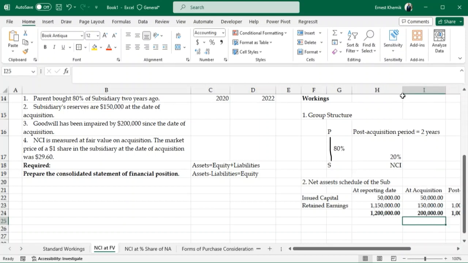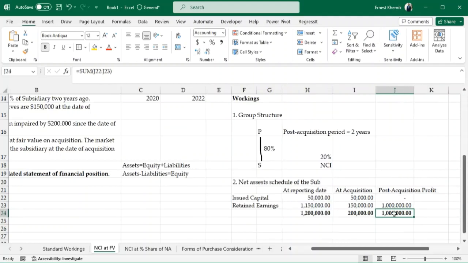It is going to be used to calculate our goodwill directly, and then this post-acquisition profit will be used in calculating our non-controlling interest figure, as well as the group retained earnings. This will be shared according to the proportion of their shareholding. So we'll get to that later.